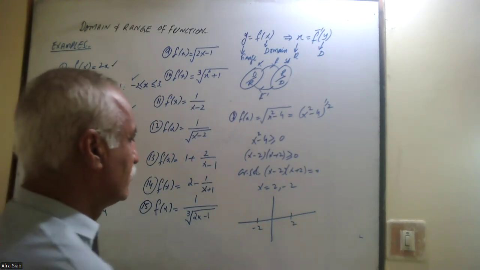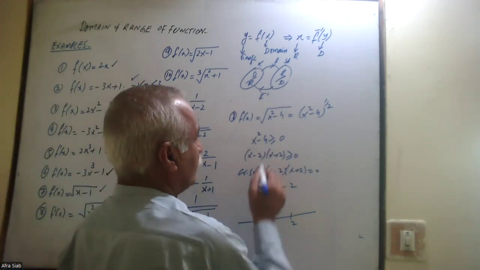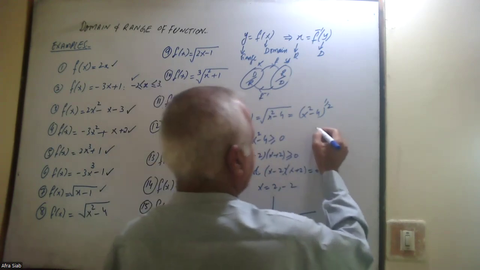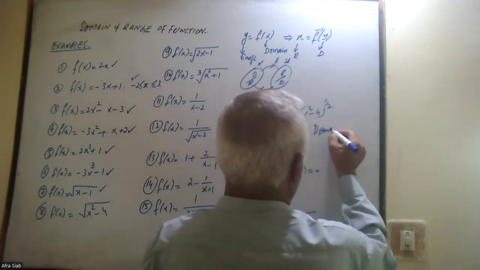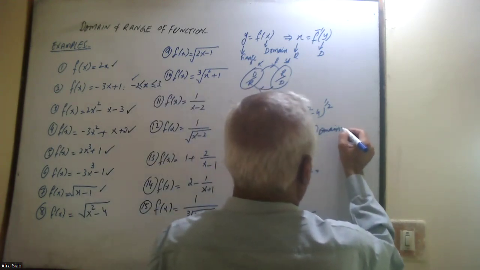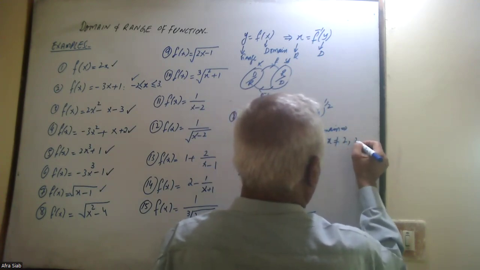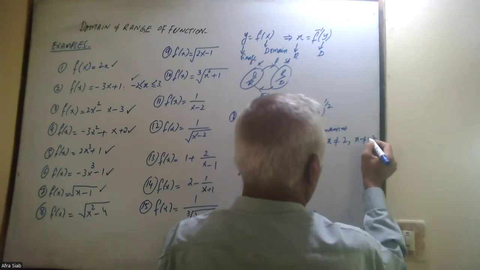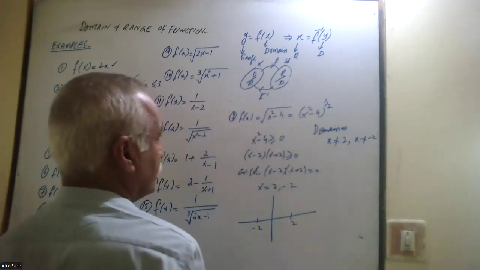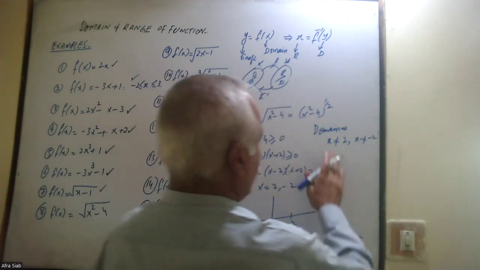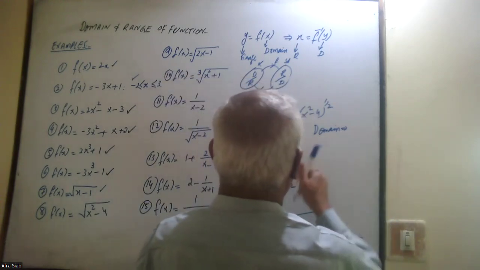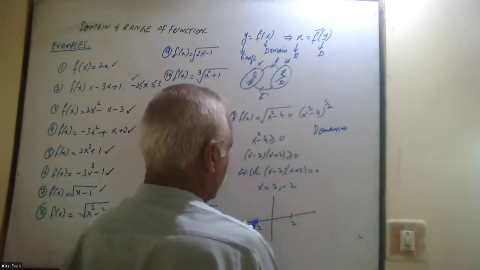And when you put the domain, for these values x should not be equal to 2 and x should not be equal to minus 2. So the domain of this function is minus 2 and 2.